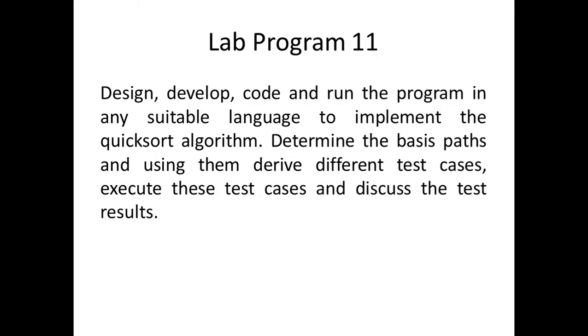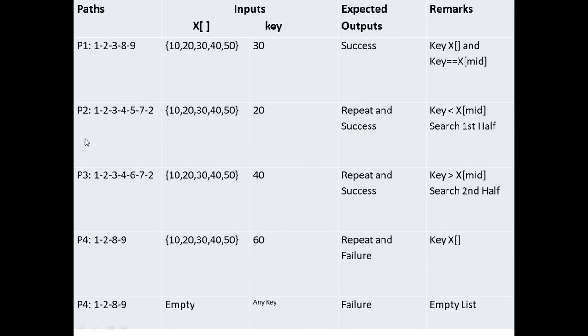Now, using this, how will you write the test cases? You need to consider all these paths. Path 4 is considered for two values: you have an array and an empty set. For the inputs, we are taking a sorted array of elements plus the key. The key value is 30 here, so it will check that the key value is equal to the middle value of the array.